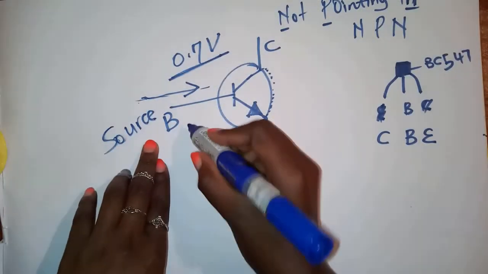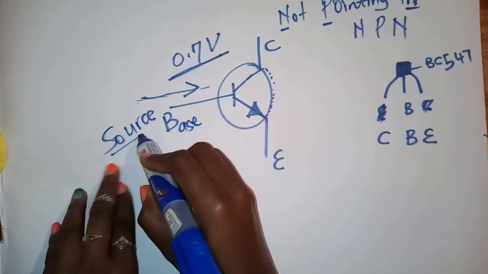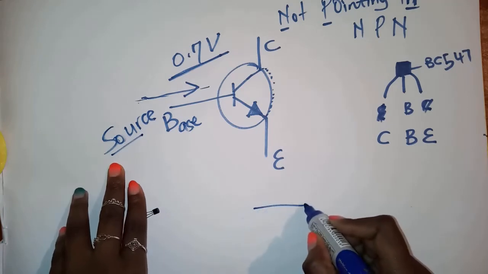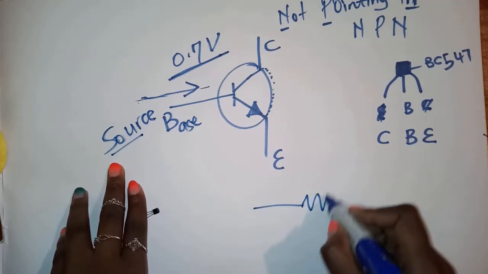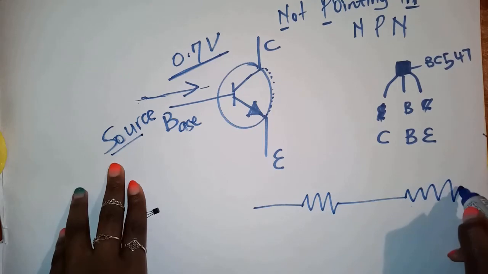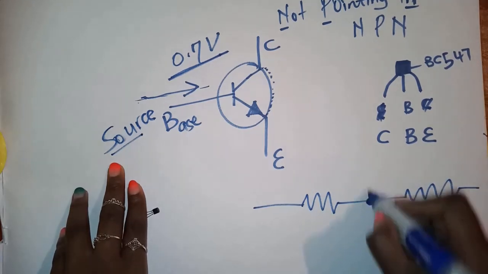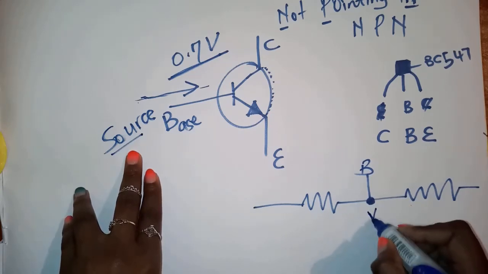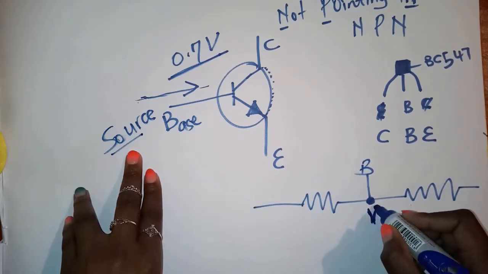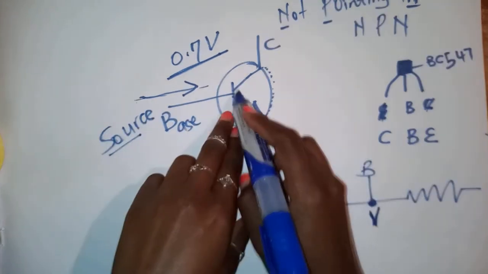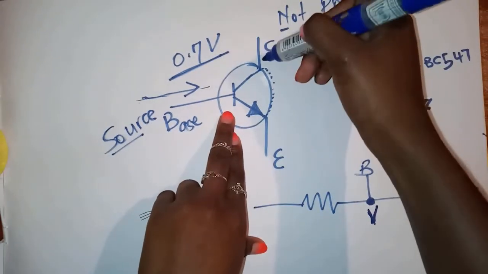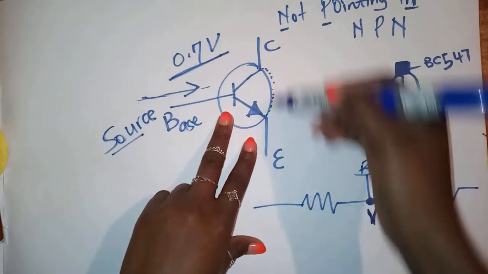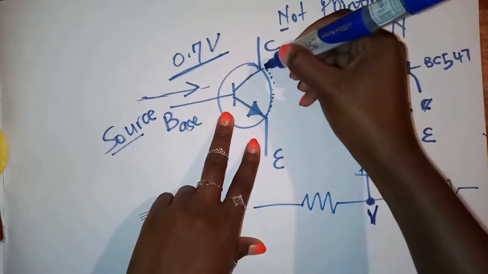So the base is connected to a source. In our case it's the point where the two, we mentioned this earlier. So this point is connected to the base that acts as our source. Since we mentioned here we have a voltage, right? So this voltage is what comes in here and controls the current flowing through the collector to the emitter.